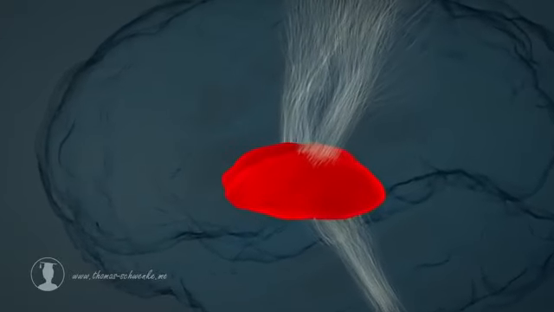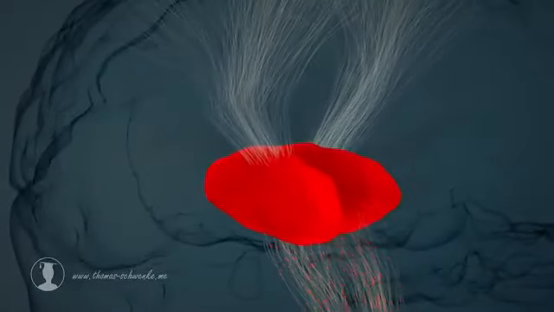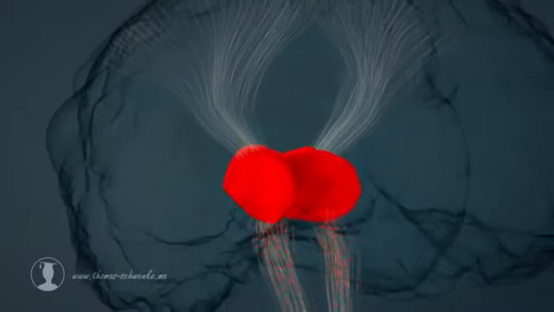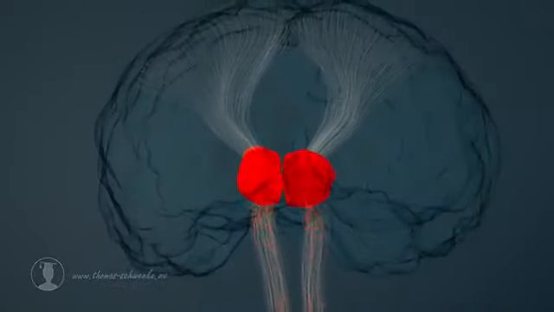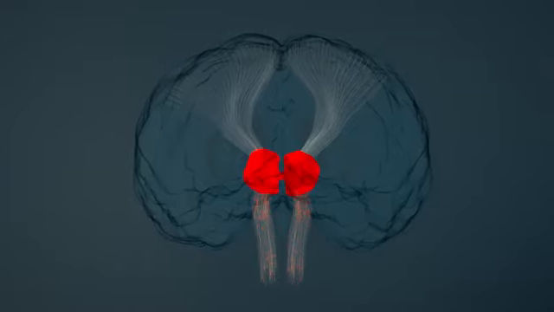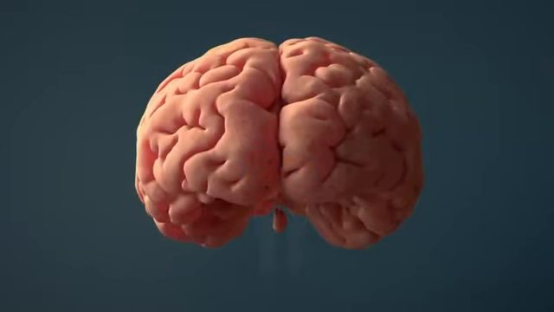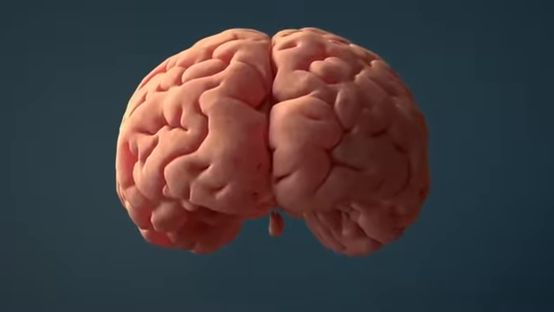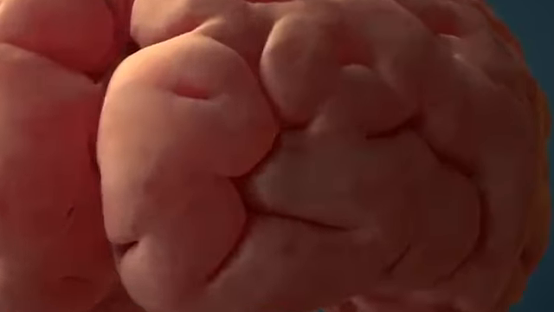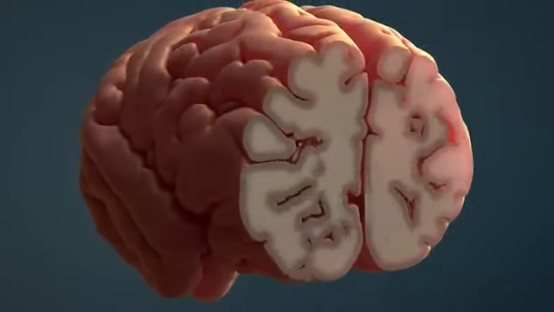Here are just some of the many nerve fibers that send signals from our body to the thalamus, which processes them and, if necessary, transmits them to the neocortex. The brain has nerve fibers that run from one side to the other, so that both hemispheres of the brain can communicate with each other.